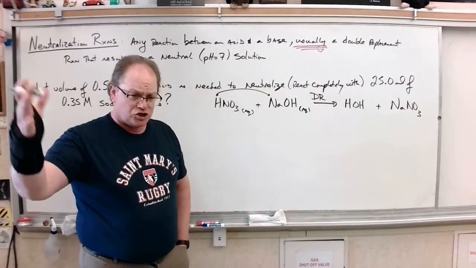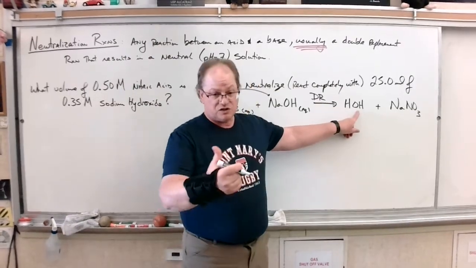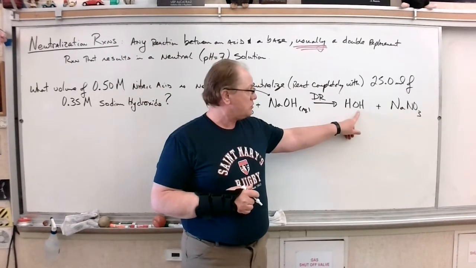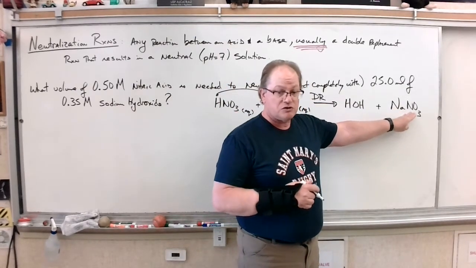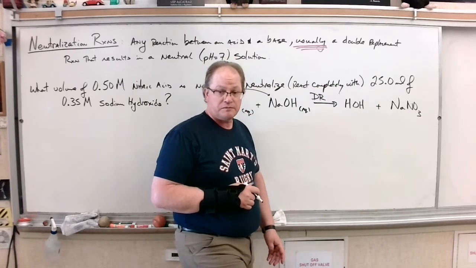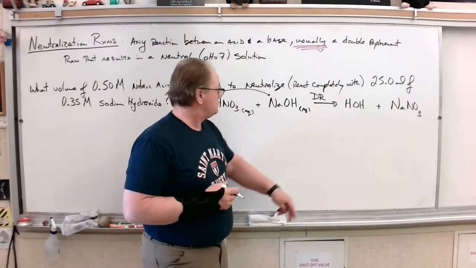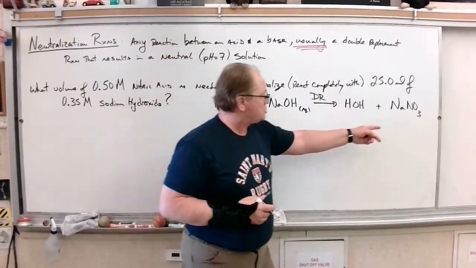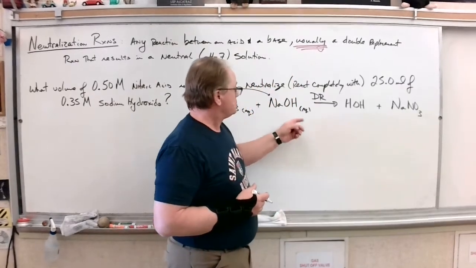Of course, we check our charges to make sure that the molecules are good. Plus one, minus one, that's a good molecule, HOH. Plus one for the sodium, minus one for the nitrate, plus one, minus one, that's a good molecule as well. We're good with our formulas, aren't we? Then we balance the equation, one hydrogen, one nitrate, one sodium, one hydroxide, one hydroxide.